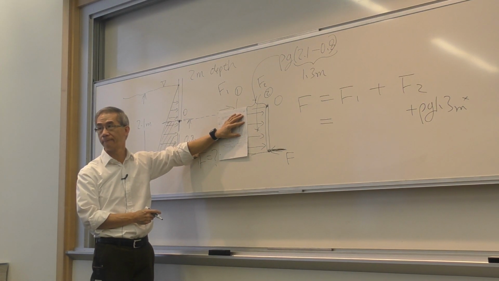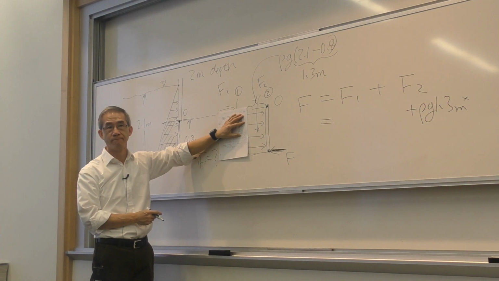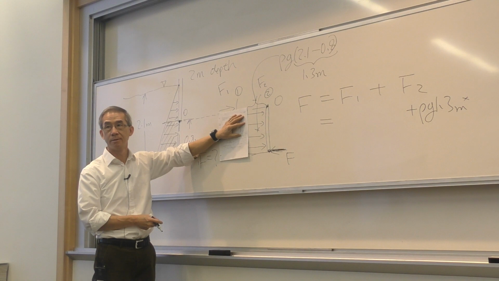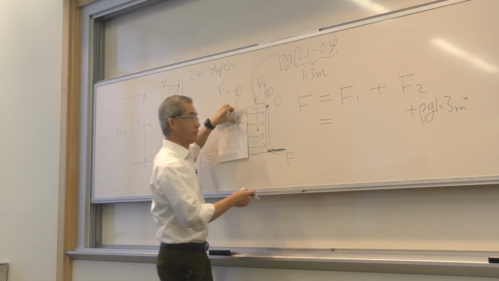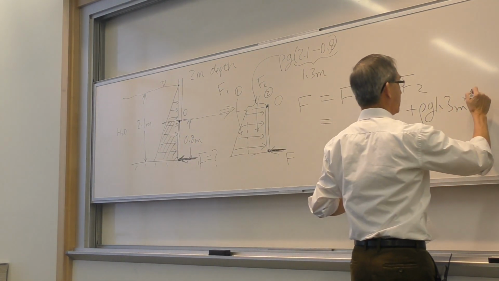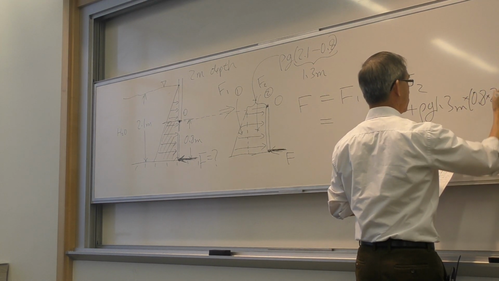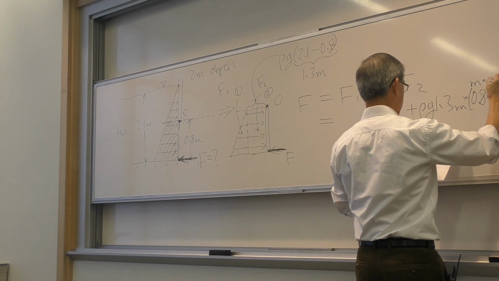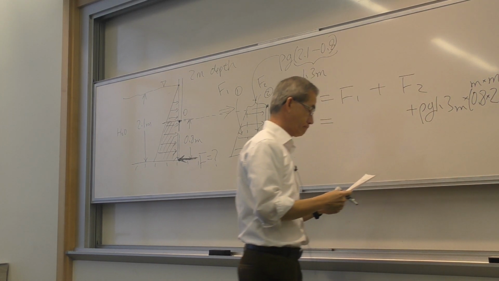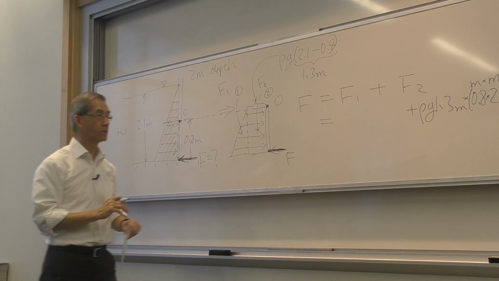What's that area? The height of the gate times the depth into the paper. So that will be 0.8 times 2 meter squared.